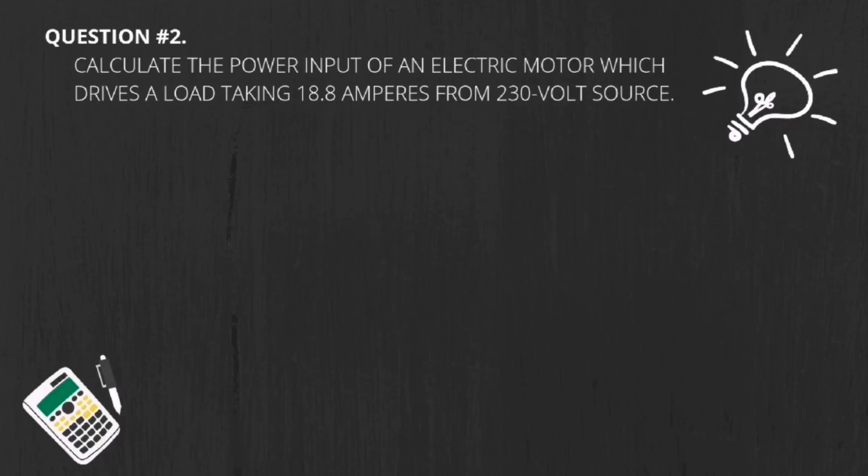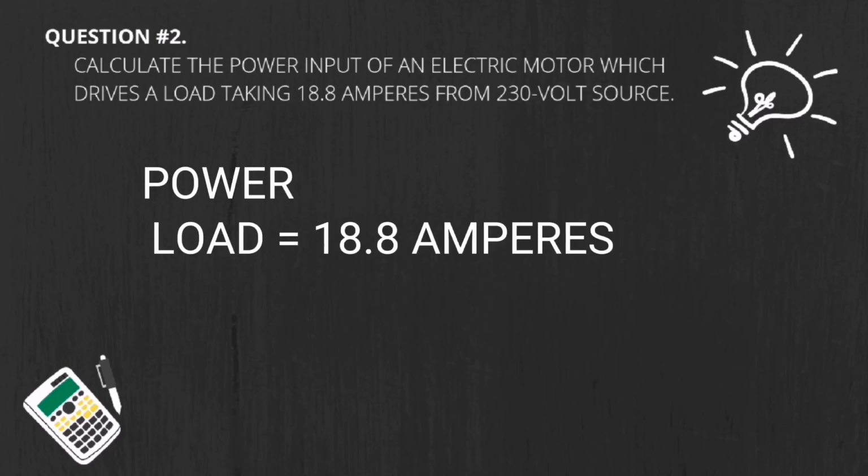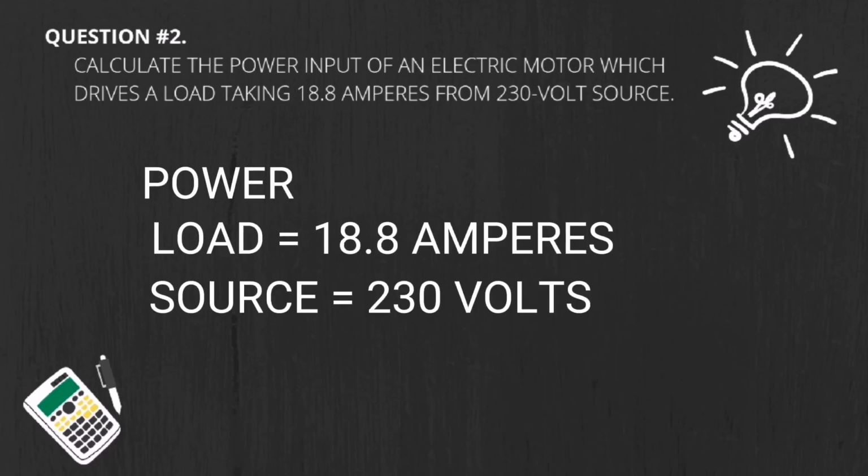The number 2 question, guys, is to calculate the power input of an electric motor which drives a load taking 18.8 amperes from a 230 volt source. Again, in the question, what is asked is the power input. The given are the current, 18.8 amperes, and the voltage source, 230 volts.